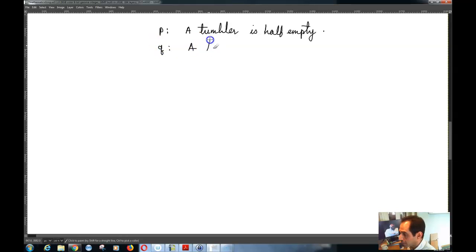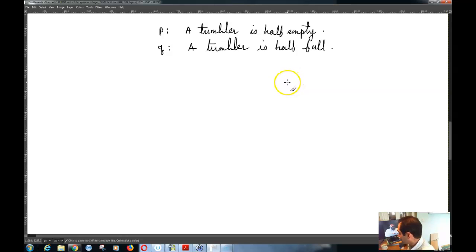So let's consider the following statements. For example, P is "a tumbler is half empty" and Q is "a tumbler is half full".